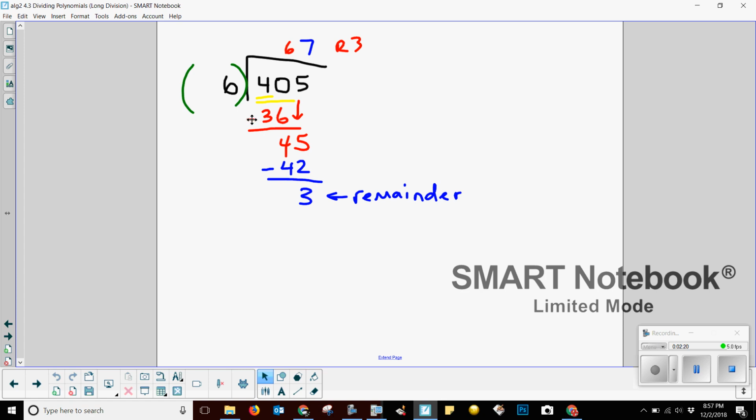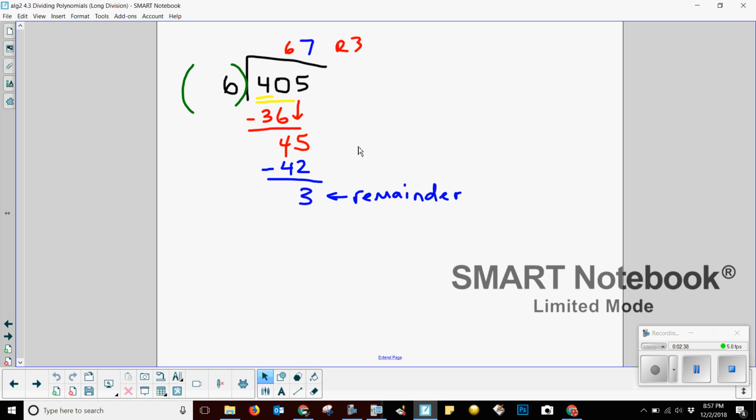Then we subtract these numbers to get 4. This 5 then gets brought down. We start the whole process over now with 45. 6 goes into 45 7 times. 7 times 6 is 42. And this guy is our remainder, and we usually write remainder 3.